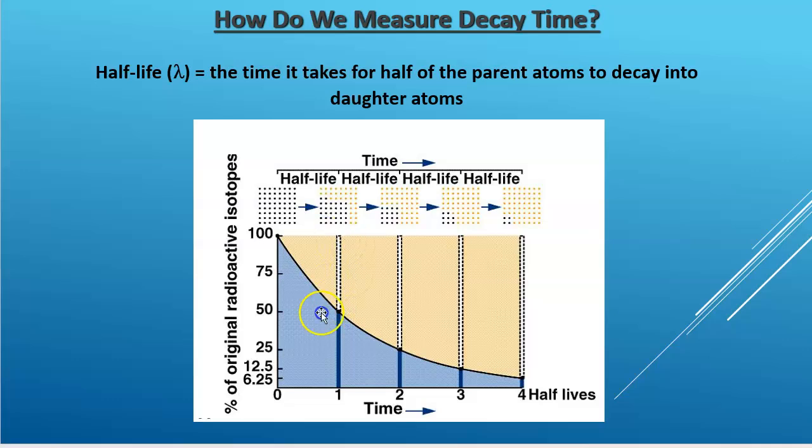And now I have 50. In order to go from 50 to half of 50, to 25, would be the same time period, another half-life. And now I have 25. The time it takes for half of those to get to 12.5 would be the same half-life, the same time period. So we're taking half of what exists and changing it to the stable version.